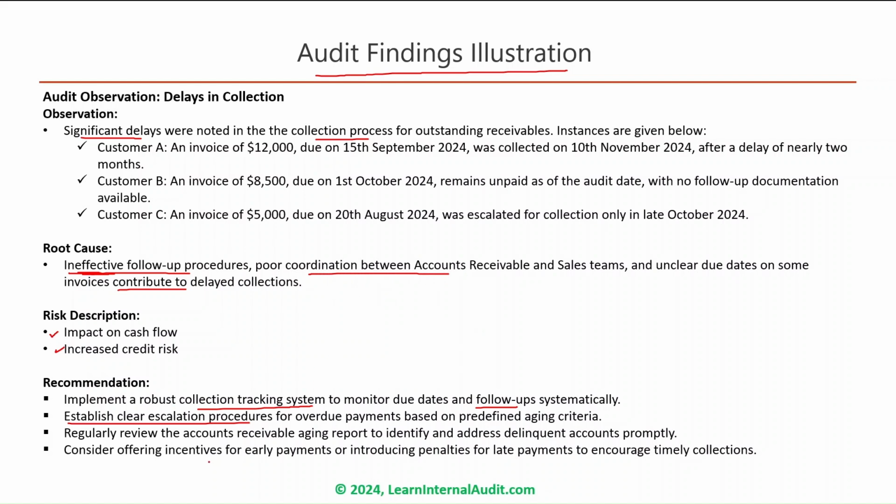Regularly review the accounts receivable aging report to identify and address the delinquent accounts promptly. Consider offering incentives for early payments or introducing penalties for late payments to encourage timely collection. Now you see the recommendation is based on what the root cause was identified. So we have addressed the root cause through 4 different recommendations.